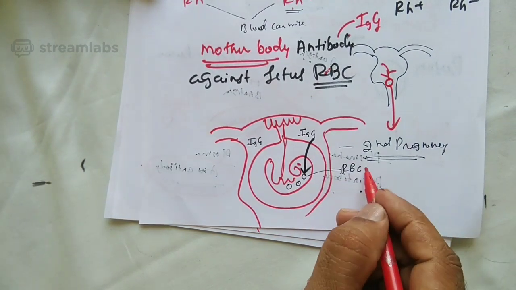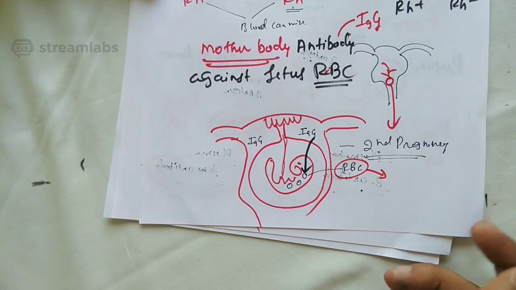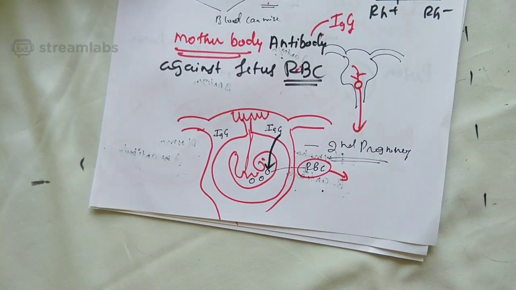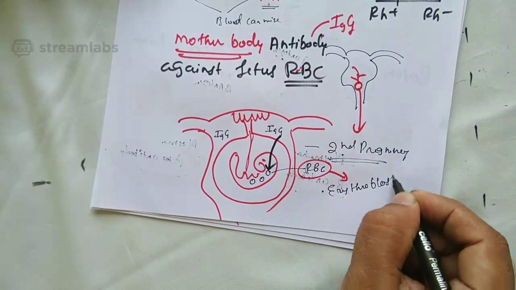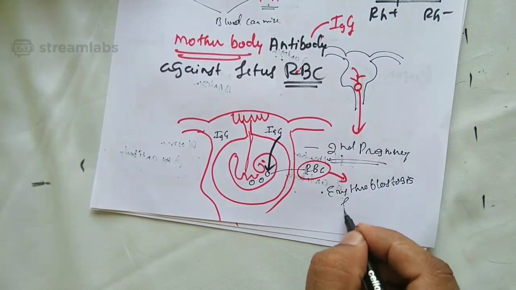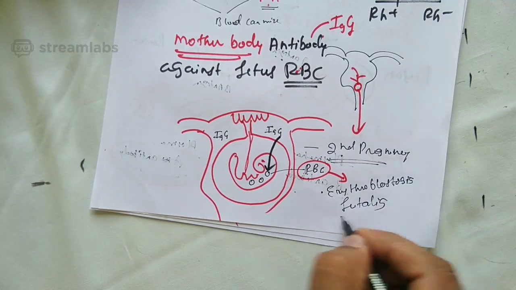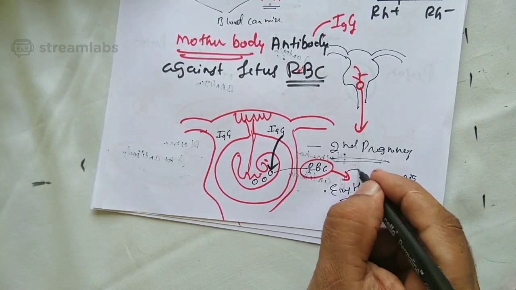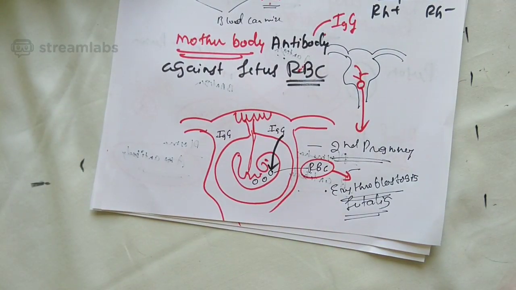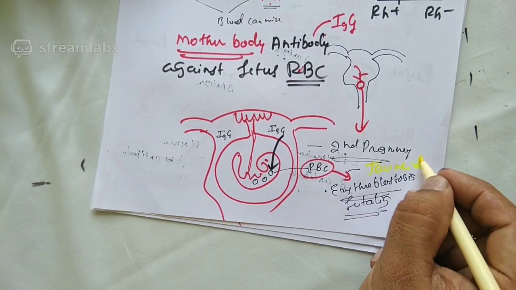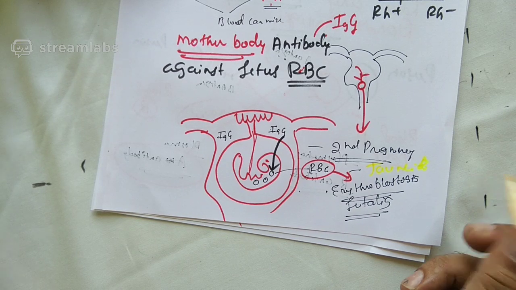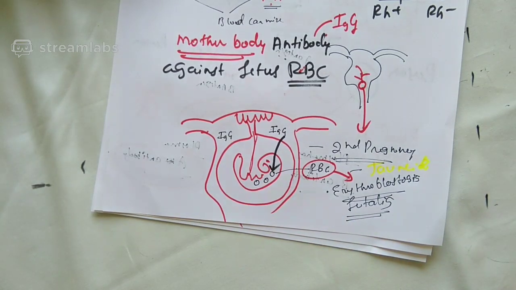Now as the RBC gets ruptured, the condition will be called as, tell me, yes, erythroblastosis fetalis. Baby can die. And baby initially suffers from a condition called jaundice, because the RBC is getting damaged.